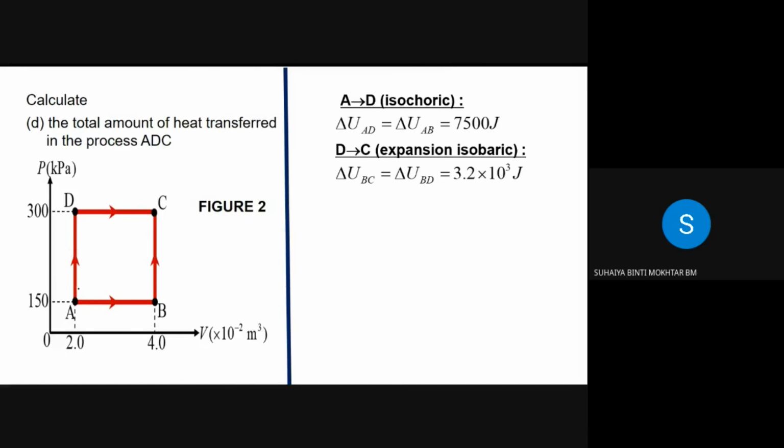Ni UAD and UAB. Dan ni UDC and UBC. BC and DC equals, BC tadi kita dah calculate 3.2 times 10 to the power of 3 joule. So you can determine delta U ADC.